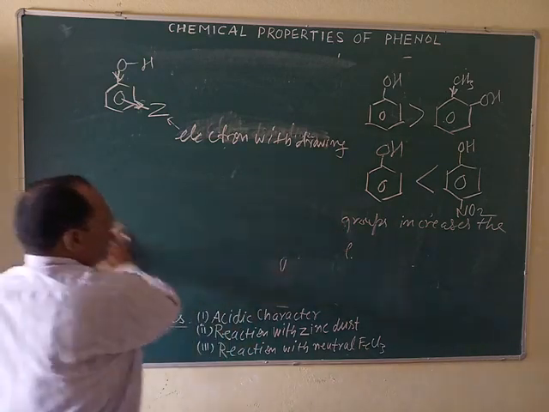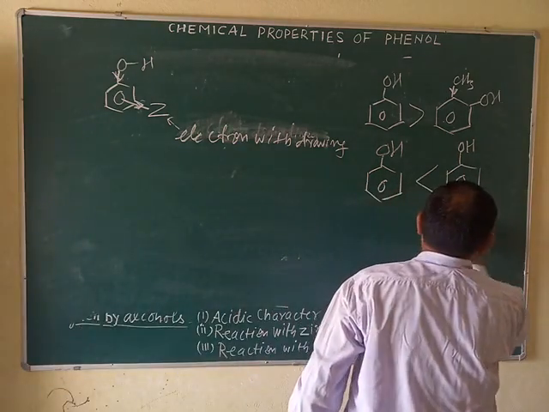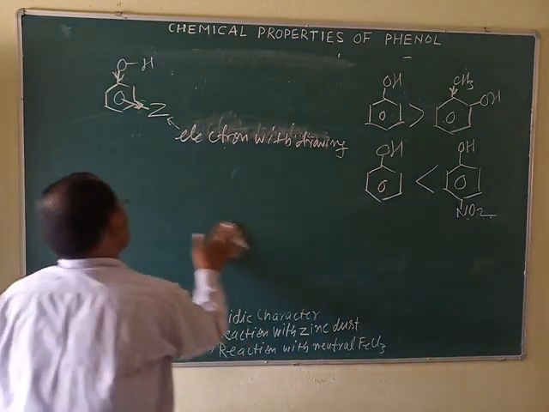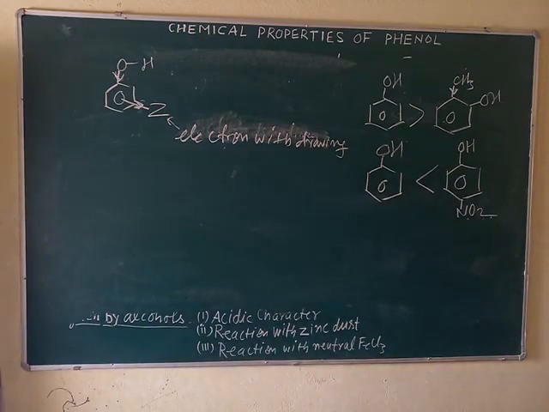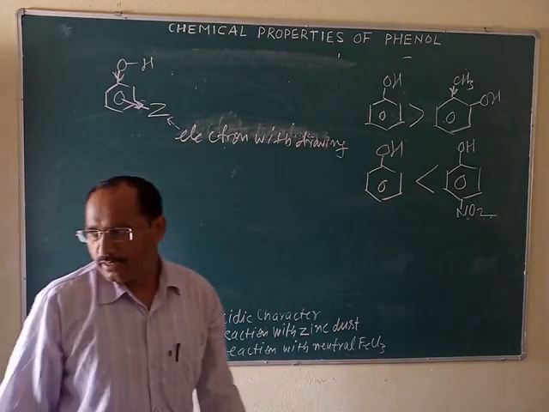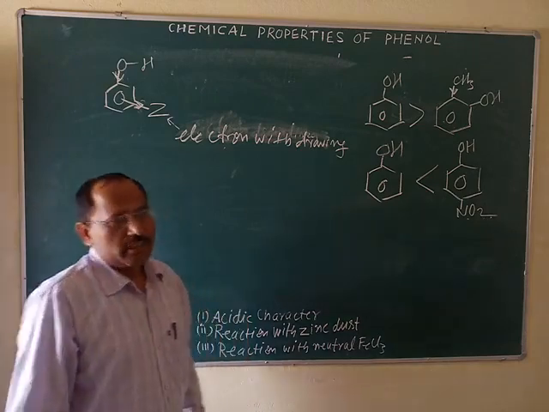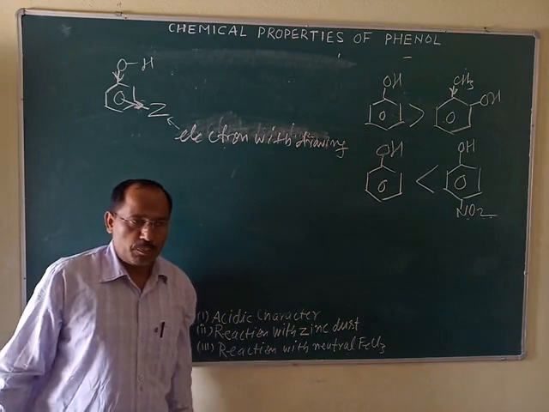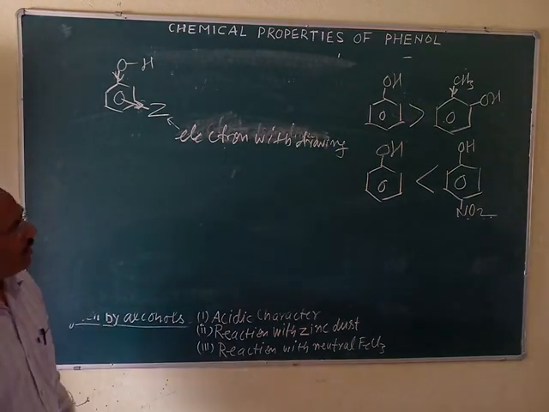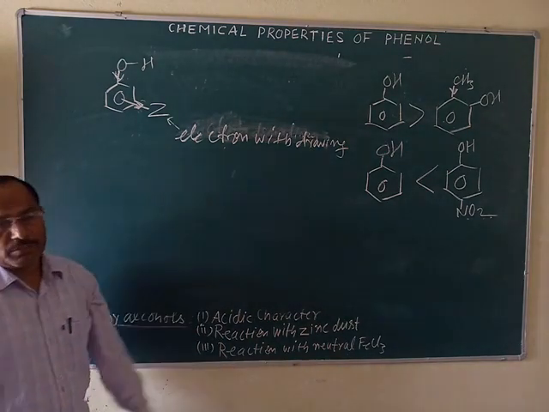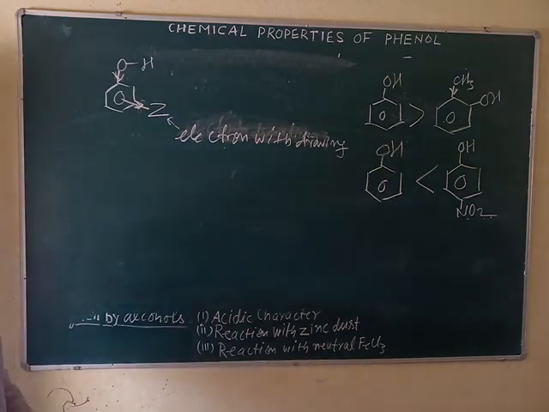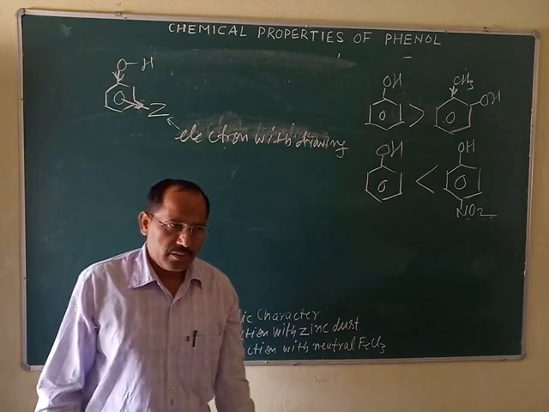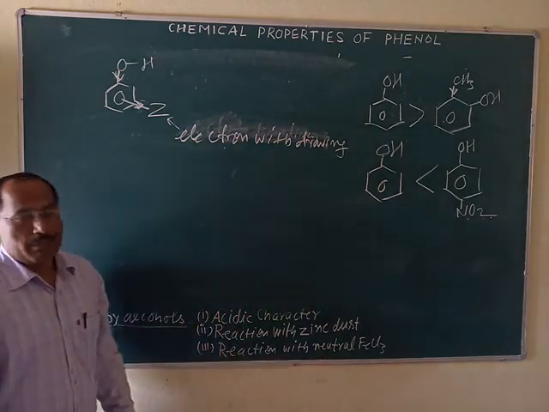Now, the effect of substituents also depends on its strength and its position. Strength of the substituent and its position with respect to the OH group also affect the acidic character of phenol. Any substituent present at ortho and para positions exerts a stronger effect.